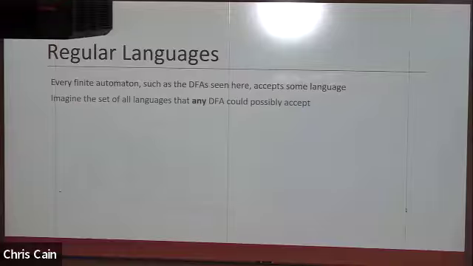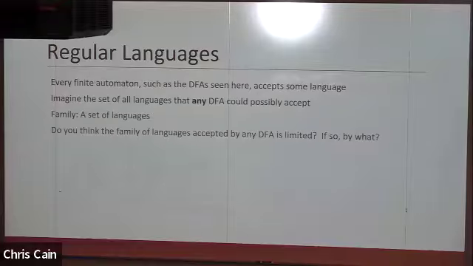So we talked about that, talked about the concept of a family, and then we named that family of languages the regular languages. Then we also talked about the fact that there was a limitation to DFAs: they don't really store data.